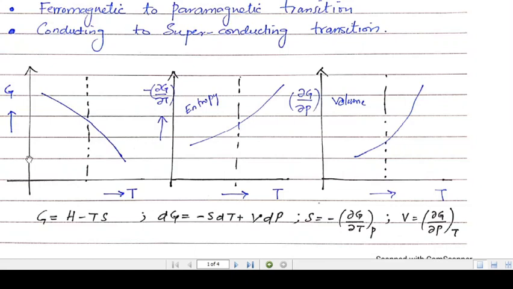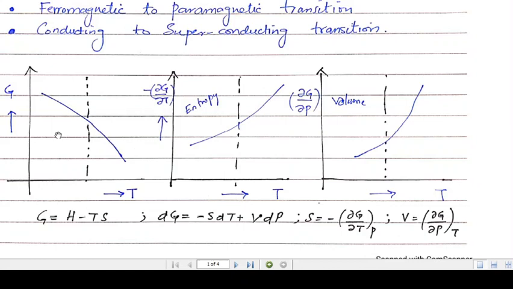If we talk about the variation of Gibbs free energy as a function of temperature in the case of the second order phase transition, we will see that it shows almost similar behavior to that observed in the first order phase transition. That is, the Gibbs free energy is continuous in both cases.